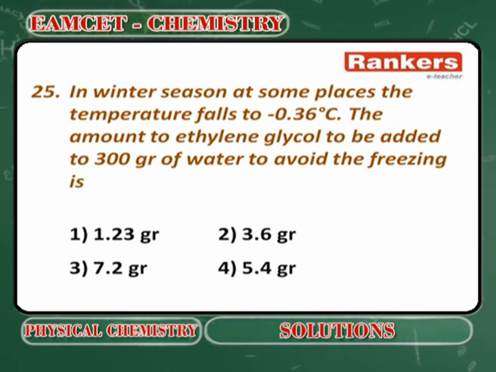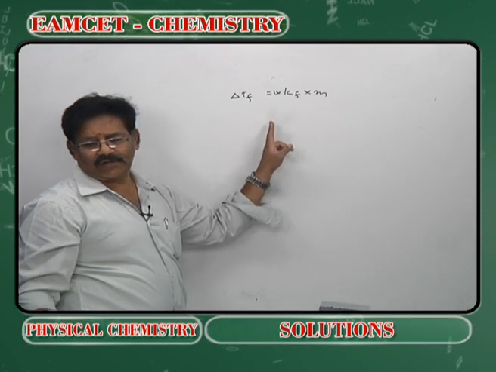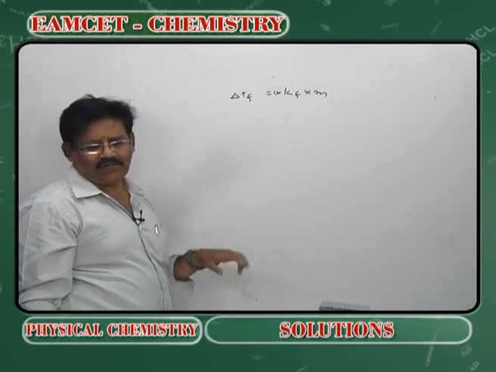In winter season, at some places the temperature falls to minus 0.36 degrees centigrade. The amount of ethylene glycol to be added to 300 grams of water to avoid the freezing. So here delta TF is equal to i into Kf into m, in order to avoid the freezing of the water.